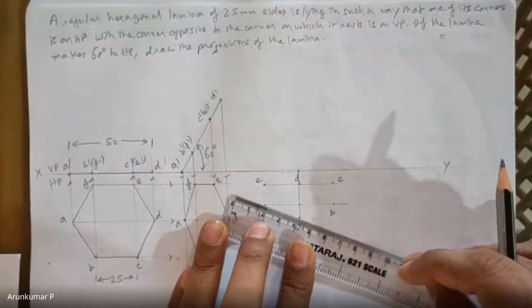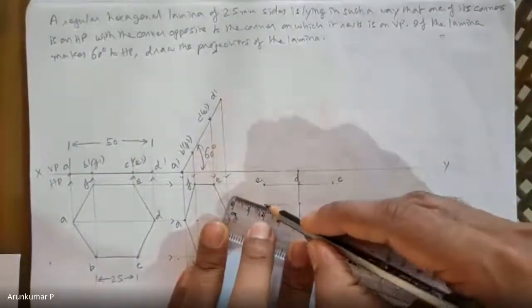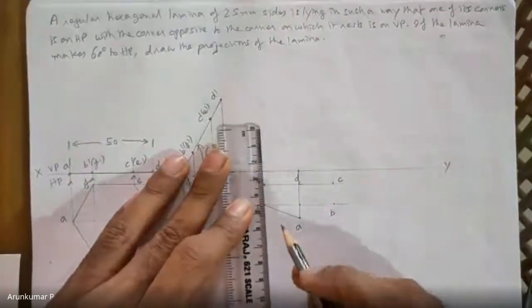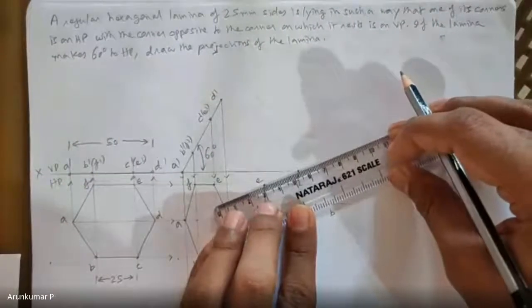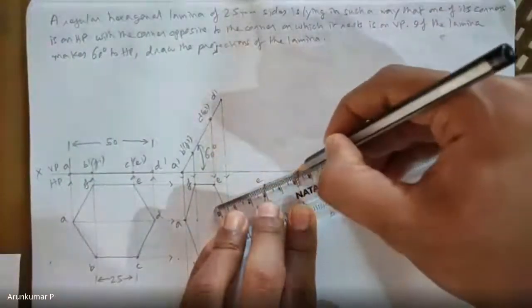Join these 6 points. You will get the second step top view in the third step.